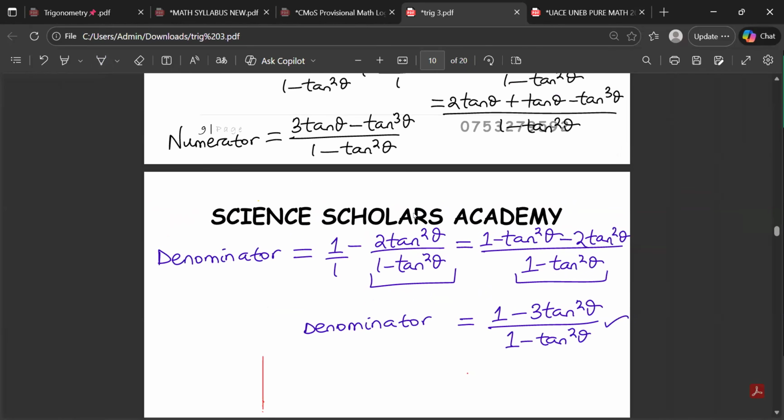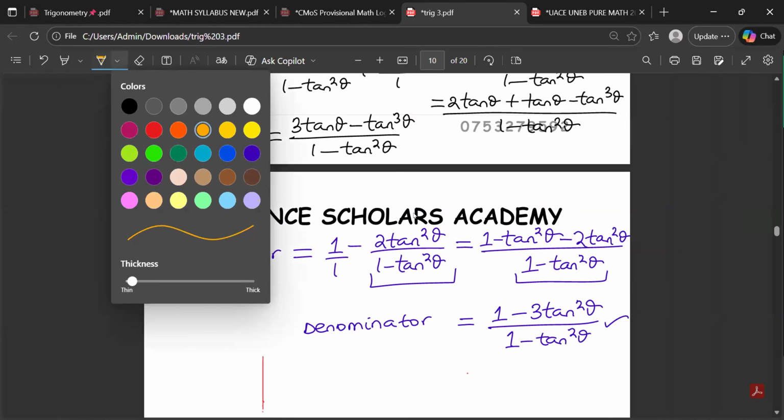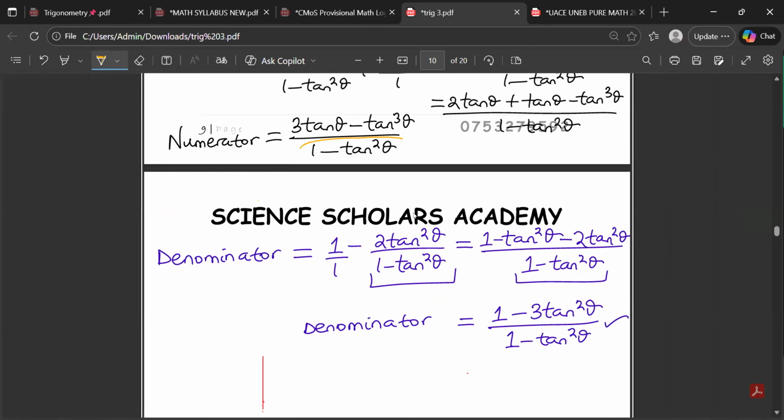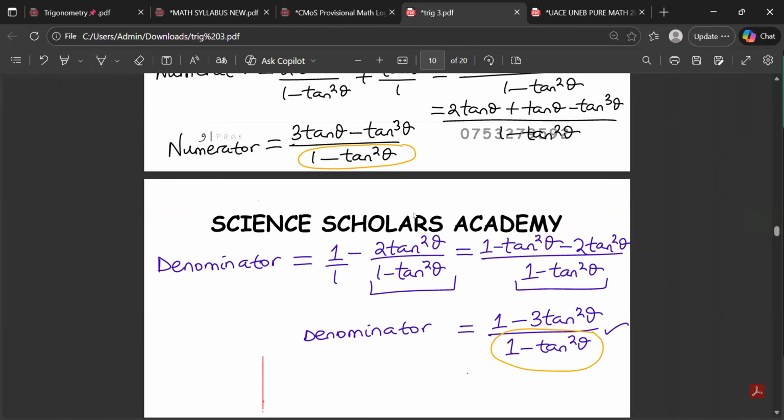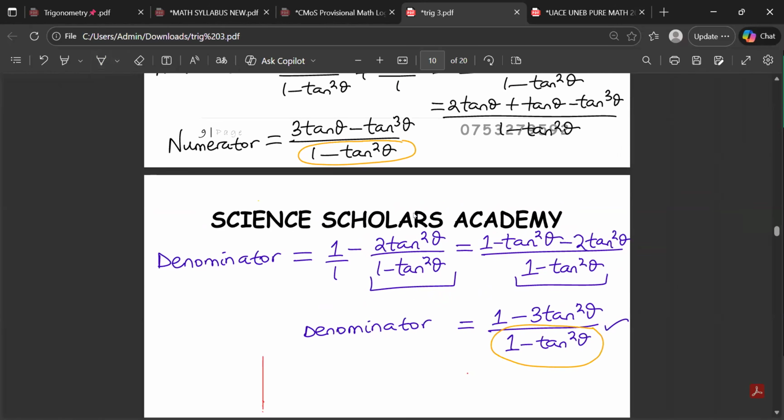A serious person can realize that you're having this one down and the same thing down here, so it can cancel. No need of bringing it back. Even when you divide and then multiply by the reciprocal, it will still cancel. You can just leave it, because it is on both the numerator and denominator.